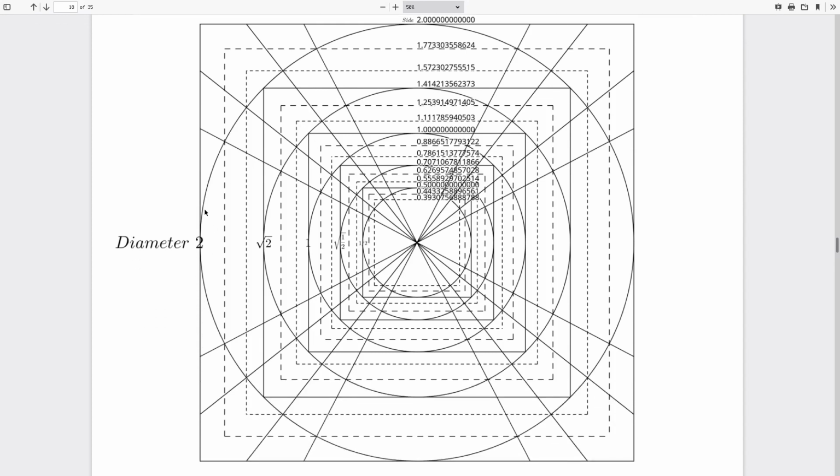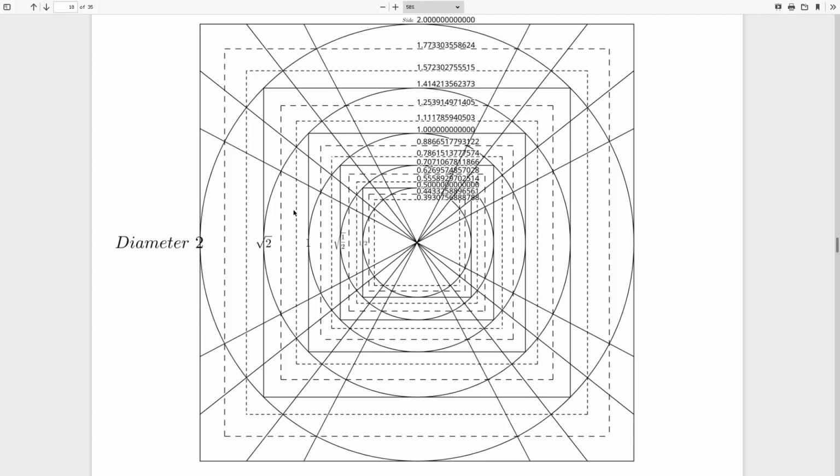Presuming this circle has a diameter of 2, using this angle you could come to know the side of the area square of this diameter 2 circle, or you could arrive at the perimeter square of the circle of diameter 2, or you just multiply the side by itself to arrive at the area of that square.